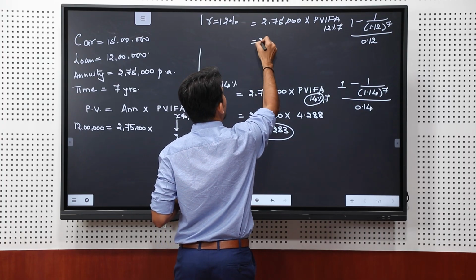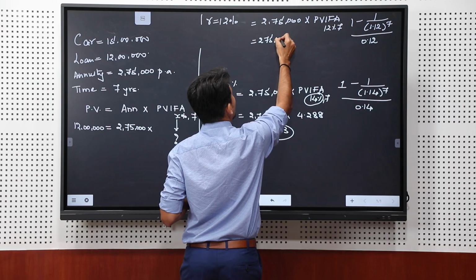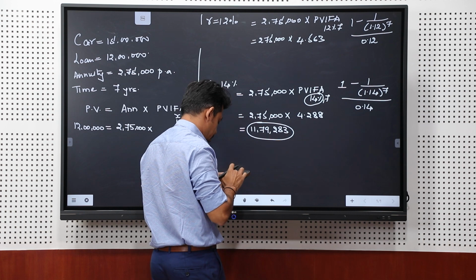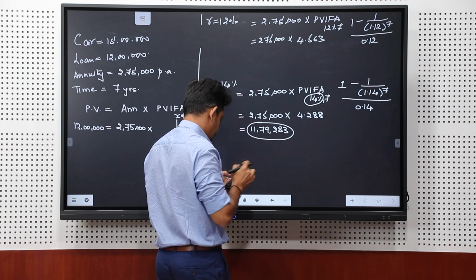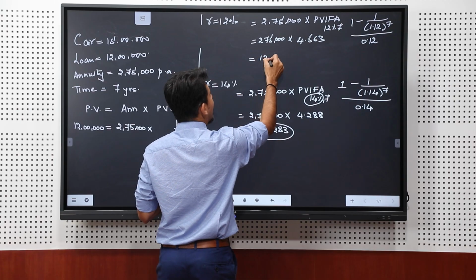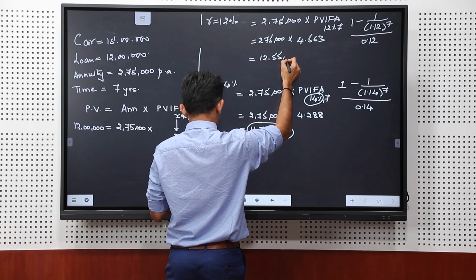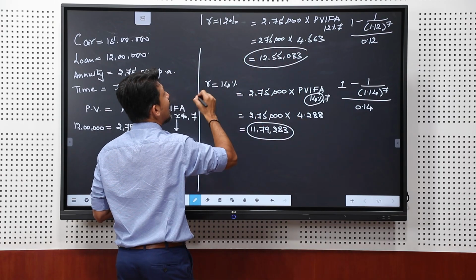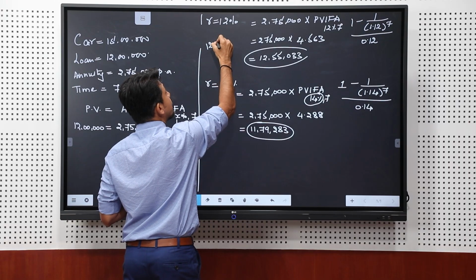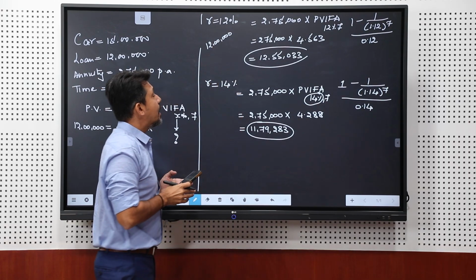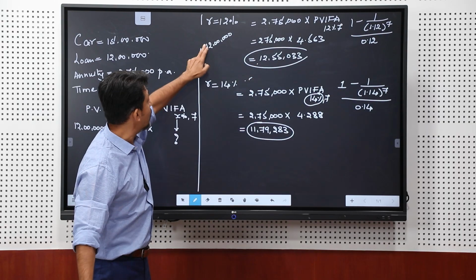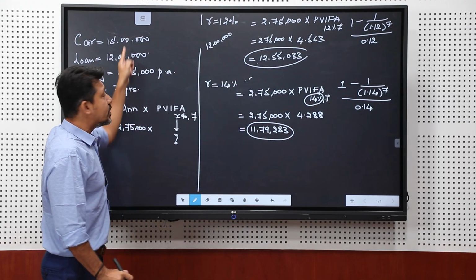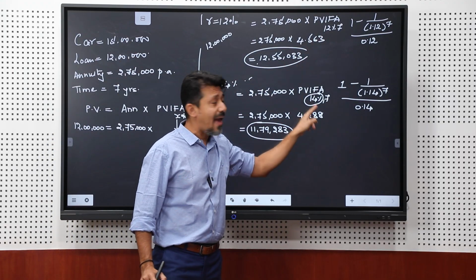So 275 into 4.563 comes to 12,55,033. So the target value that I wanted on the LHS was 12 lakhs, and I have one answer which is more than 12 lakhs, one answer which is less than 12 lakhs. I can therefore conclude that the actual rate of interest on this deal is somewhere between 12 and 14.